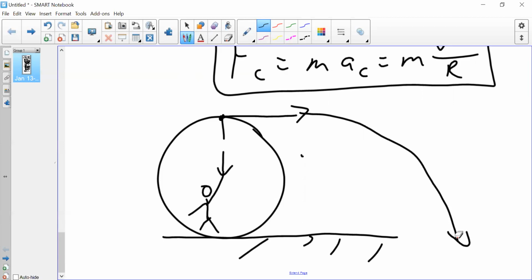It's the application of the same concept. So this is basically the first law: an object in motion stays in that motion, and there's no more second.